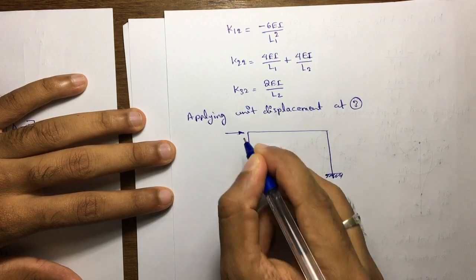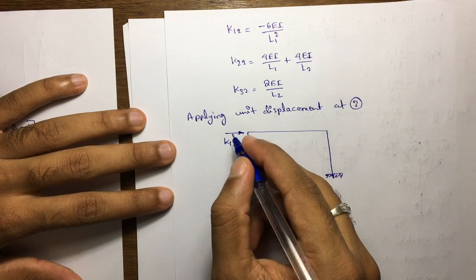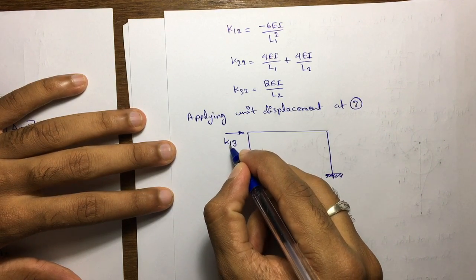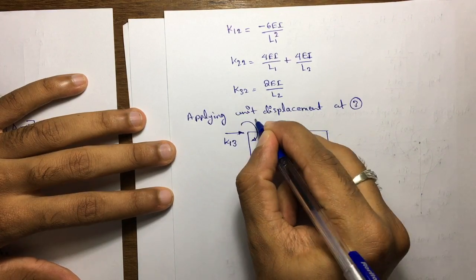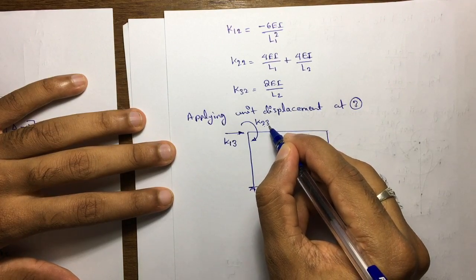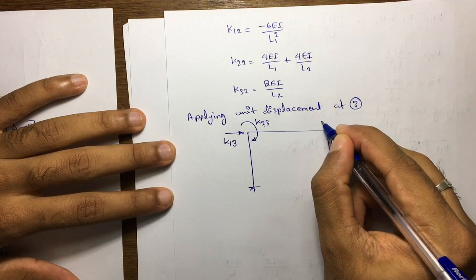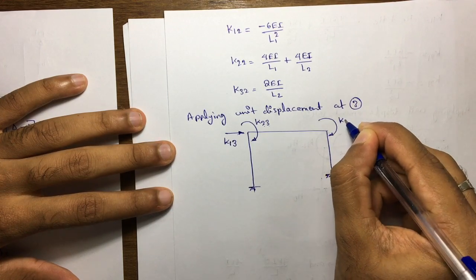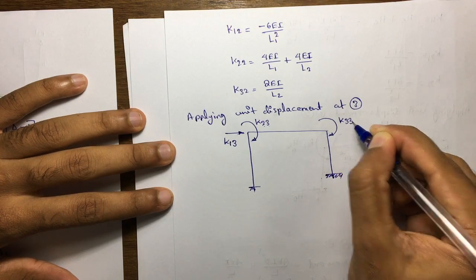So first coordinate, k13, unit force at 1 due to unit displacement at 3. One more, k23, force at 2 due to unit displacement at 3. Last one, k33, force at 3 due to unit displacement at 3.